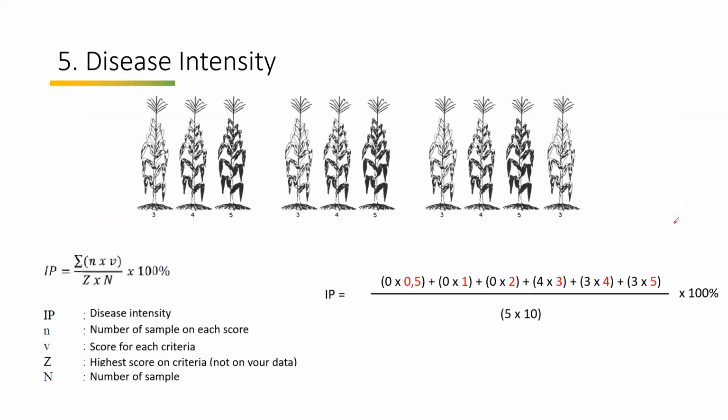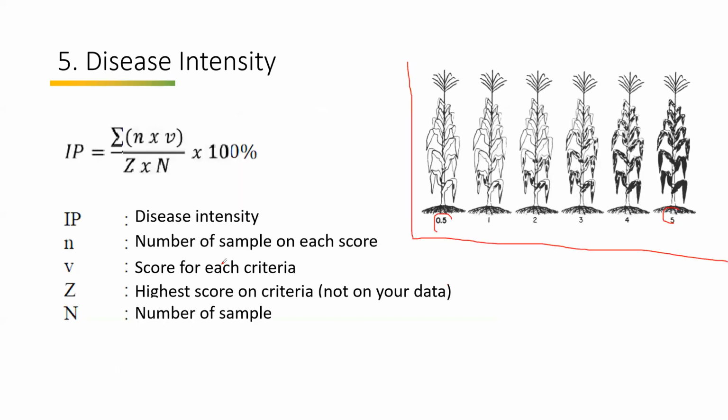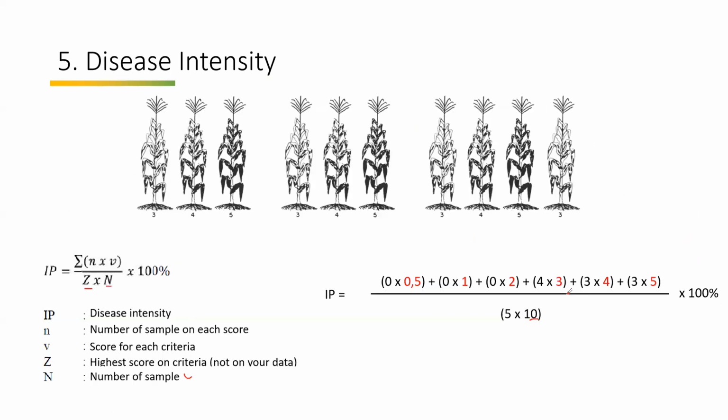Here we have 10 samples. Actually, we have a lot of plants, but we only take 10 plants as samples. So the number of samples is 10. And here we have the highest score on our criteria, which as we see is 5. So we put 5 here.